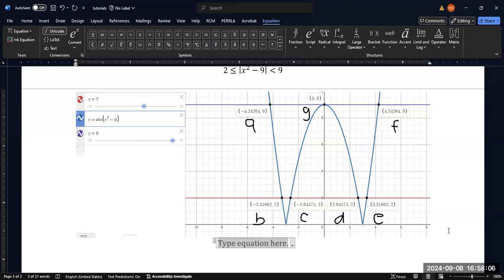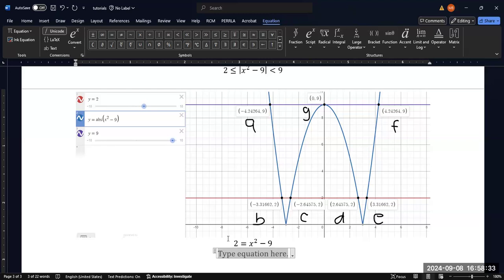We can just look at the endpoint of 2, this side, and then what happens if the absolute value does nothing? So what is that intersection? It's going to be when 2 is equal to x squared minus 9. And again, we're just looking for the intersections here because we can use the graph for when it's in between those ranges of values. We just need to know what those endpoints are.